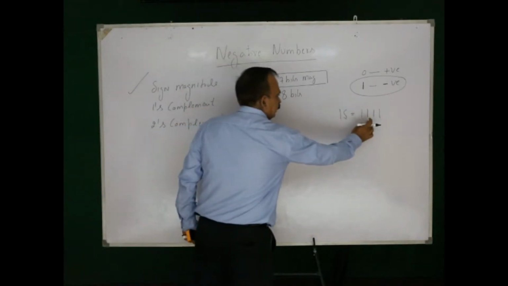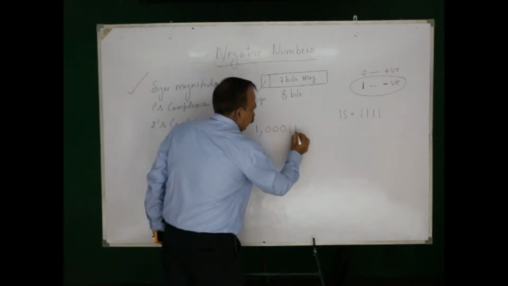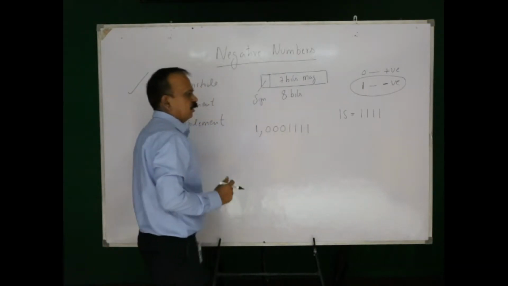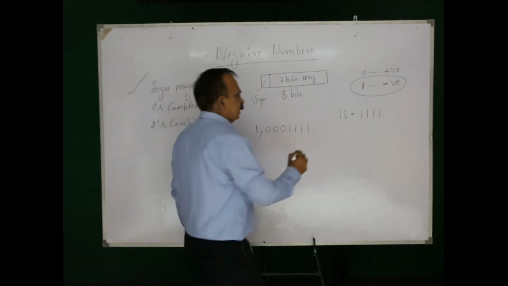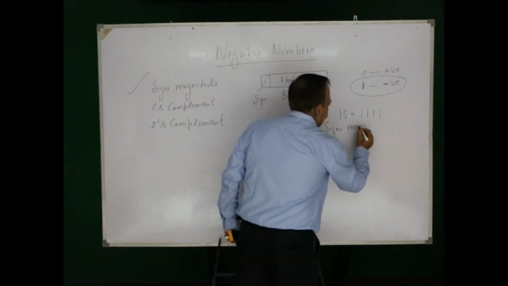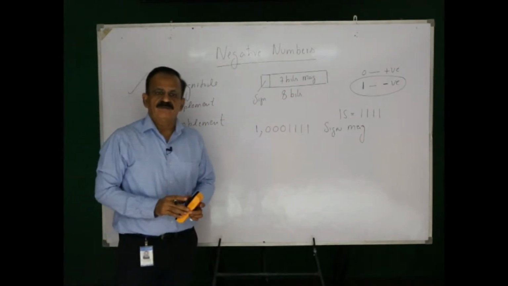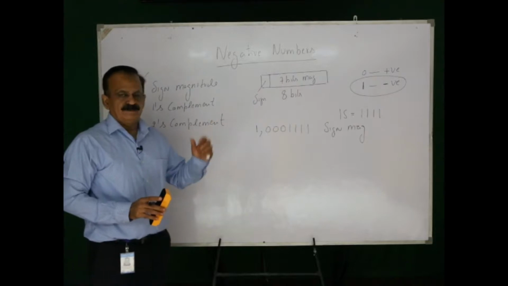Now, this is 4 bits, so we can add zeros: 0 0 0 1 1 1 1. Now, this representation is the sign magnitude representation of minus 15.